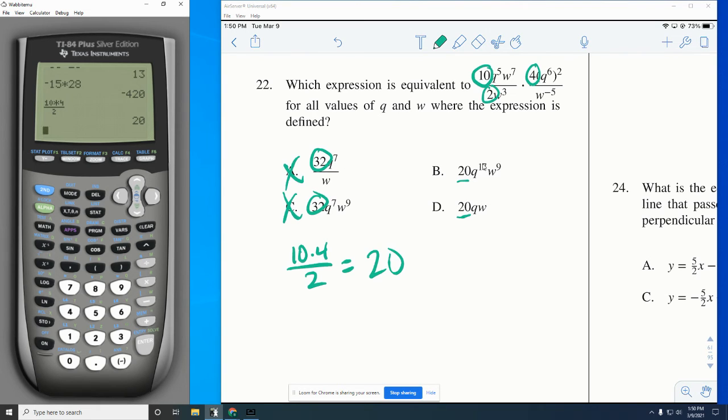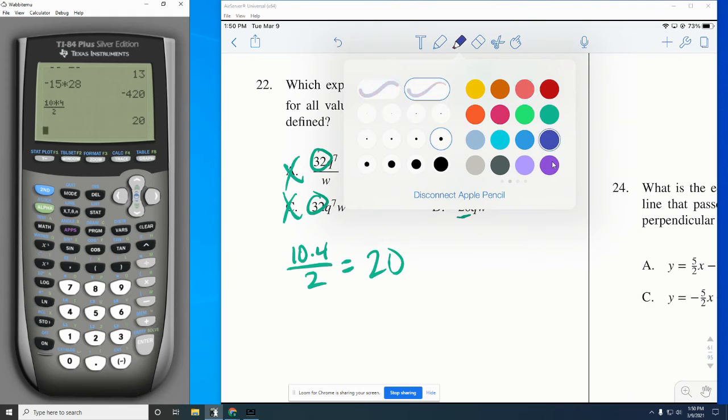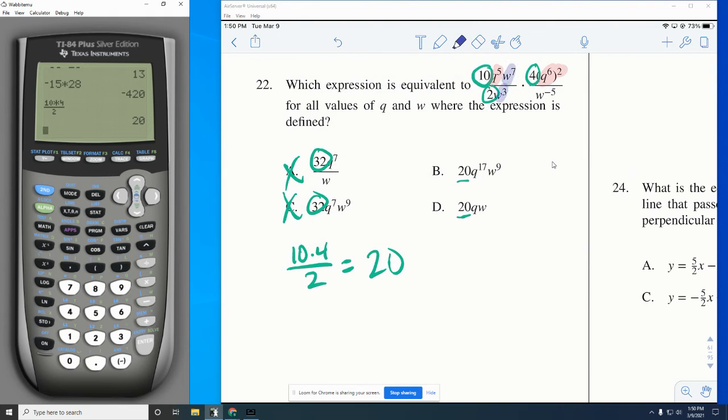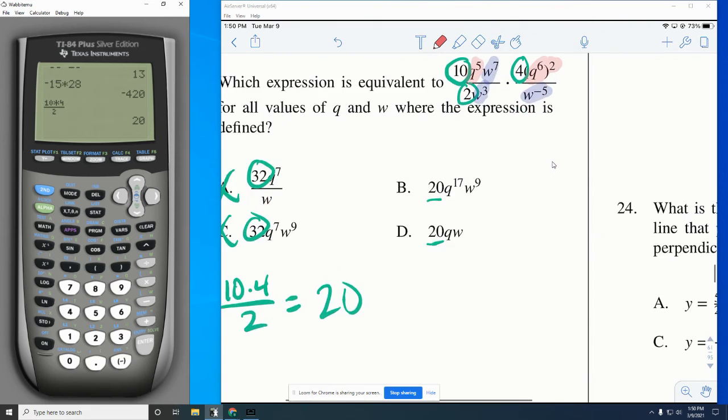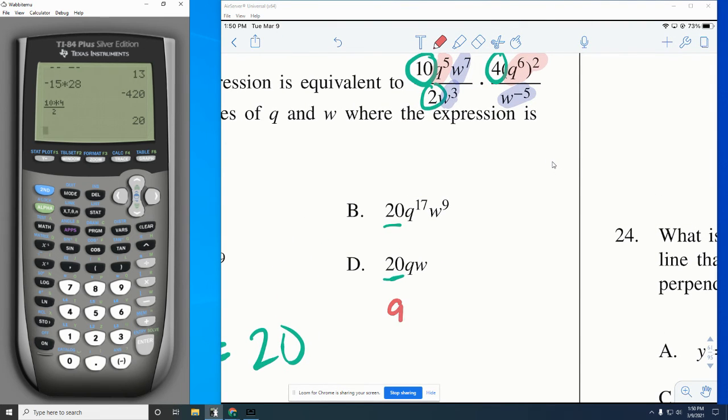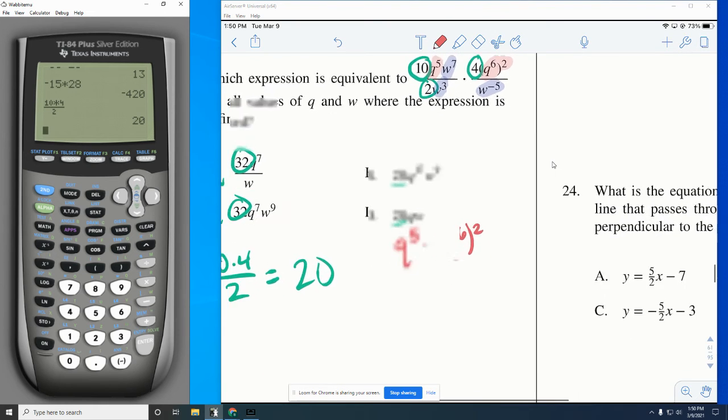Now, when I look at B and D, they both have different numbers for Q and for W, so I just need to work out one of these letters and see which one's correct. When I look at my Q's, I have Q's on the top and Q's on the top. When I look at my W's, I have them on the top, the bottom, and the bottom. So I'm actually going to go for the Q's because there's less of them. For the Q's, I have 5 on the top and then 6 with a 2 on the top as well.